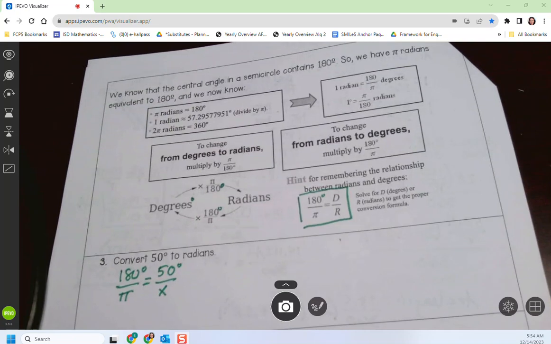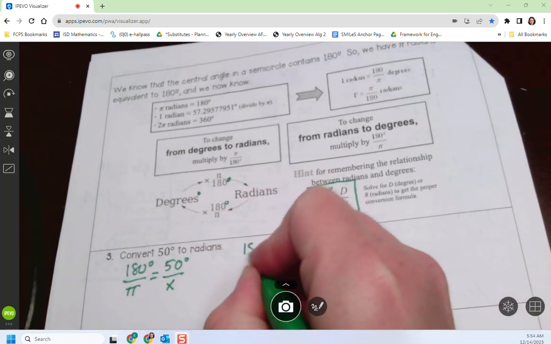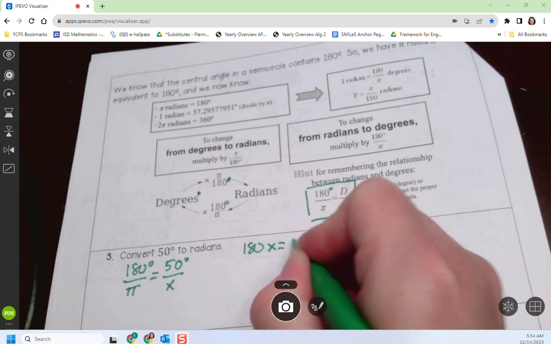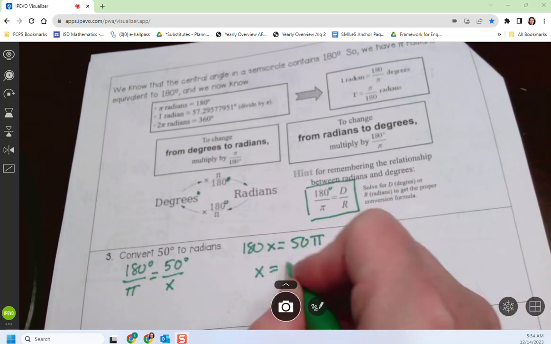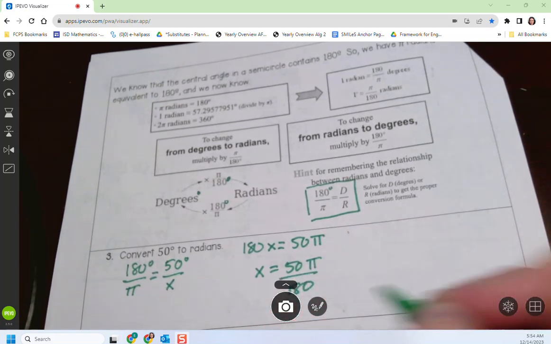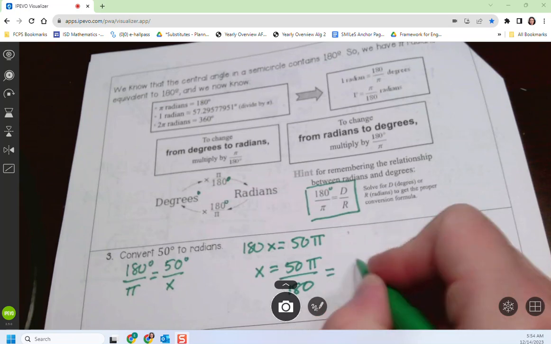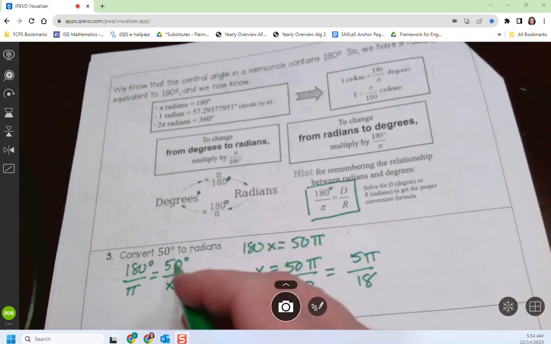Okay, so if I multiply, I will get 180x is equal to 50 pi, and then divide by 180, I get 50 pi over 180, which simplifies to 5 pi over 18, and that would be my radian measure.